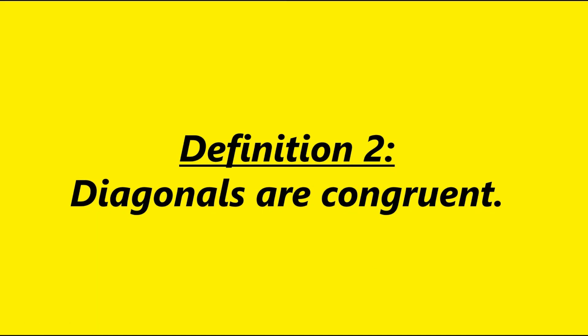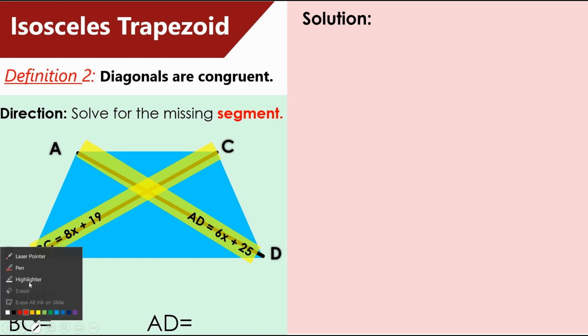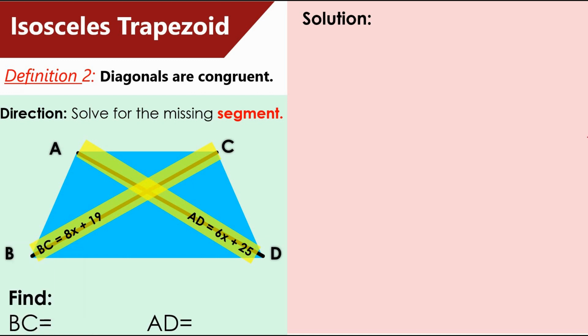For this part, let us talk about definition number 2. As a recap, definition number 2 tells us that diagonals of an isosceles trapezoid are congruent. Okay. For this example, our goal is to find the measurement of segment BC and segment AD by applying the definition.